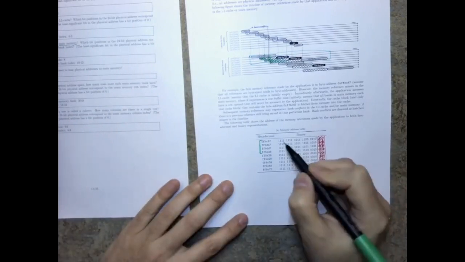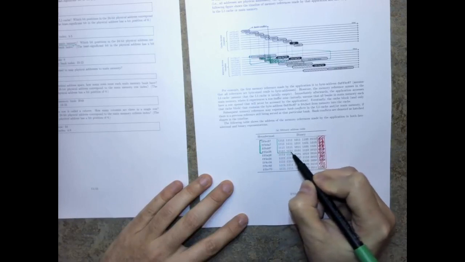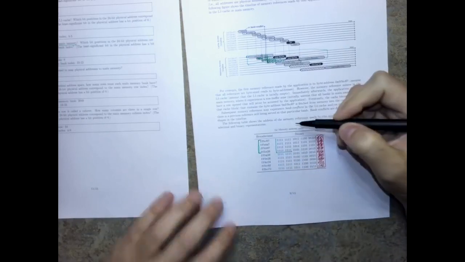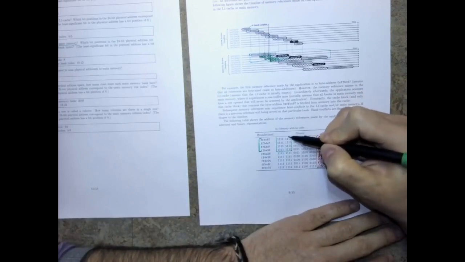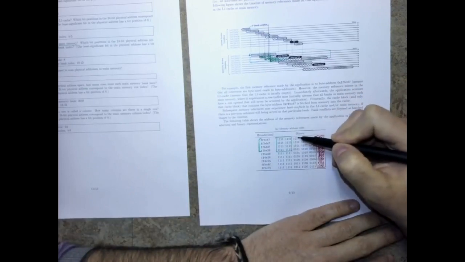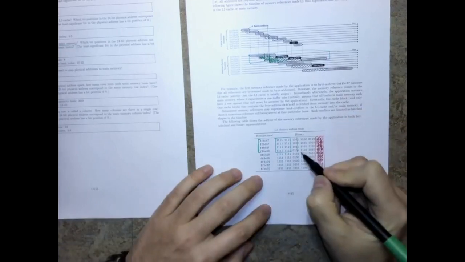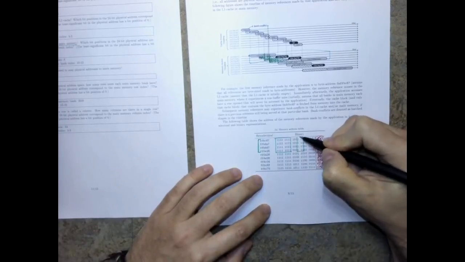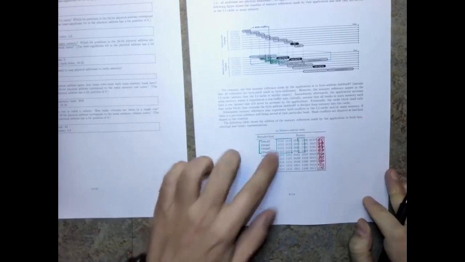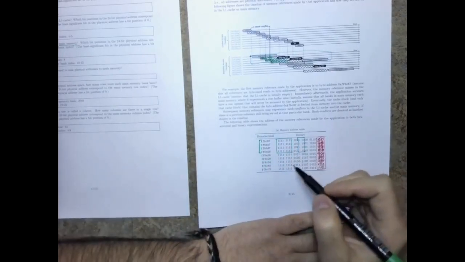So possible candidates are these bits that are the same, and also these bits that are the same in these 4 cases. So possible candidates for banks are so far these.